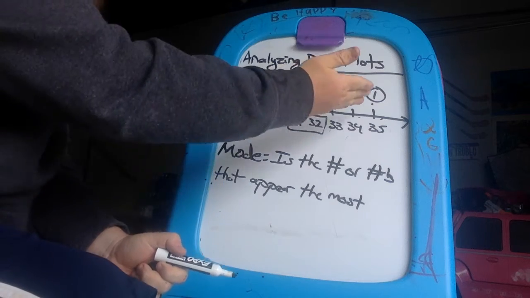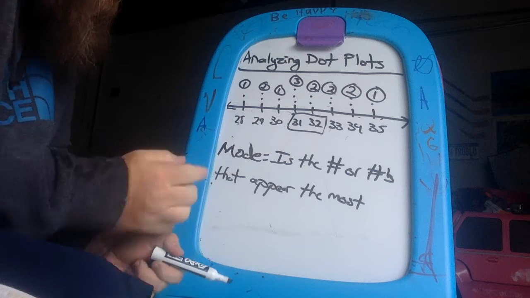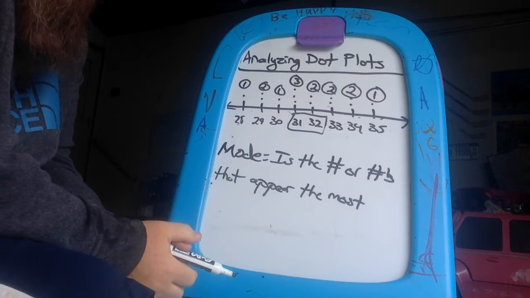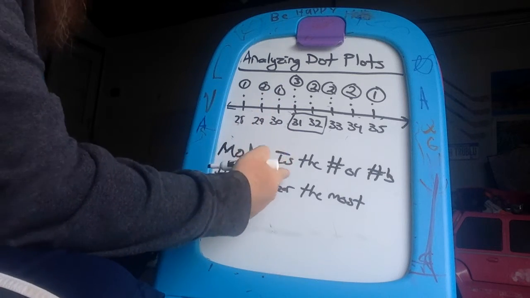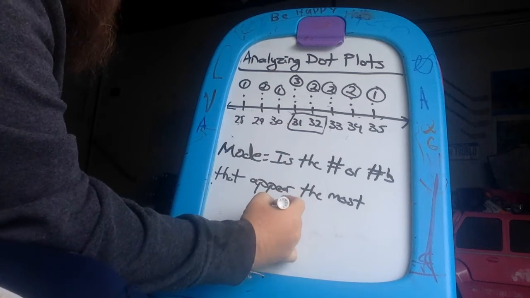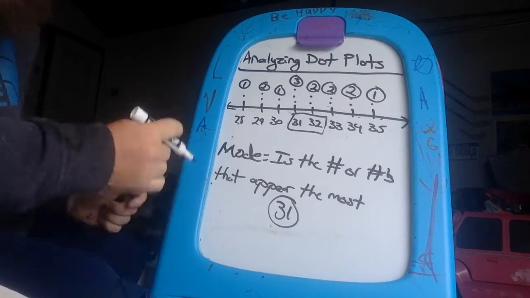You can see there's multiple 1s and there are multiple 2s, but in this case, when we're looking at the mode for this number, there's only one number that appears the most, which is what? Okay? Exactly. So the number, in this case, it's only one that appears the most, is just going to be 31. And that is your mode.